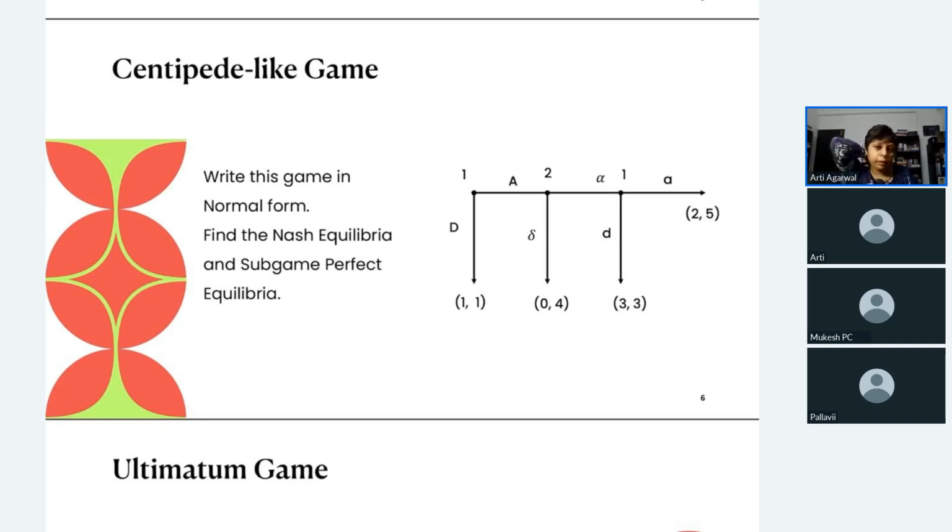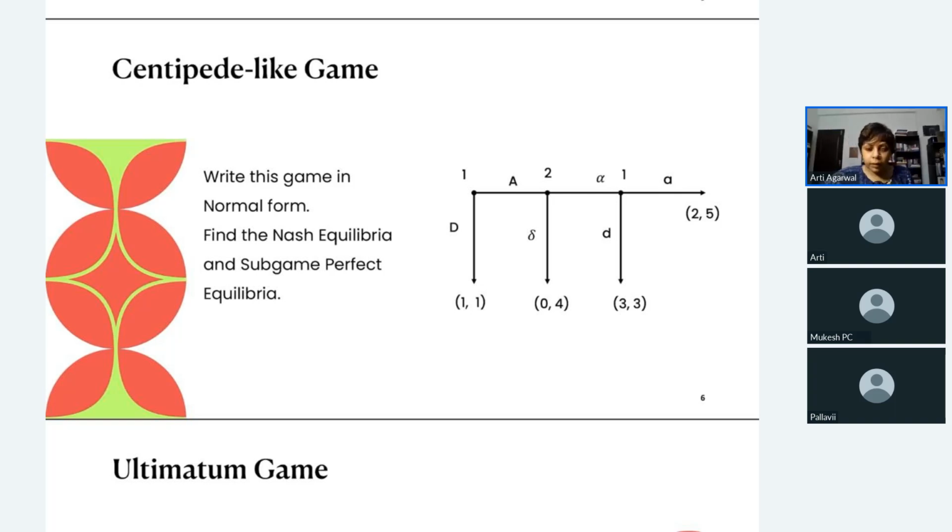We'll come to that, and to the ultimatum game. But how we represent this kind of centipede-like game in the normal form is what I want to address first.